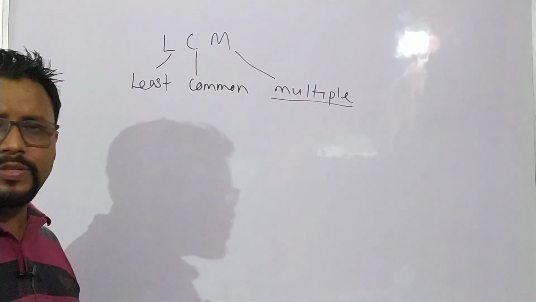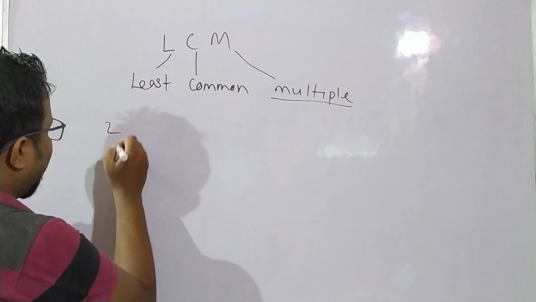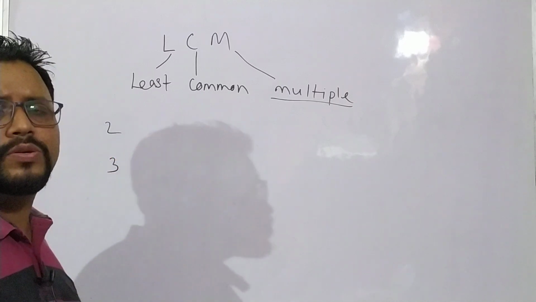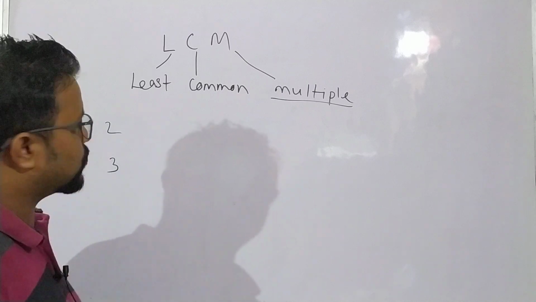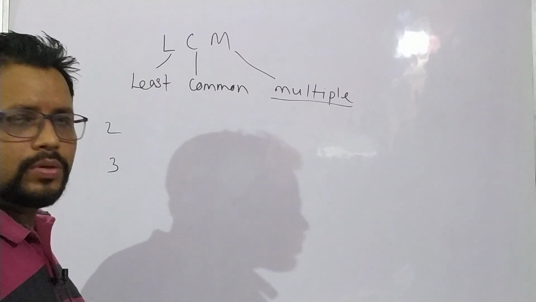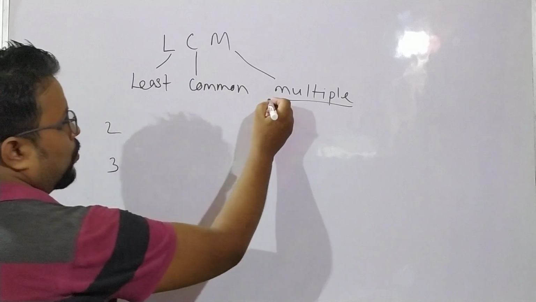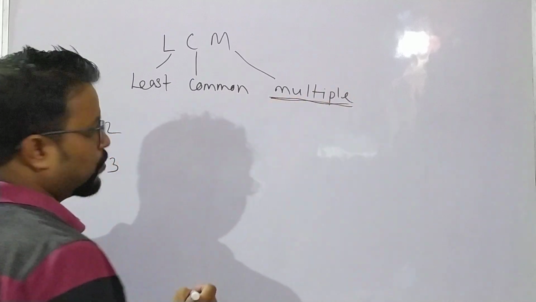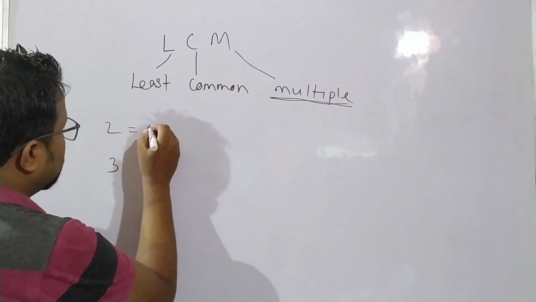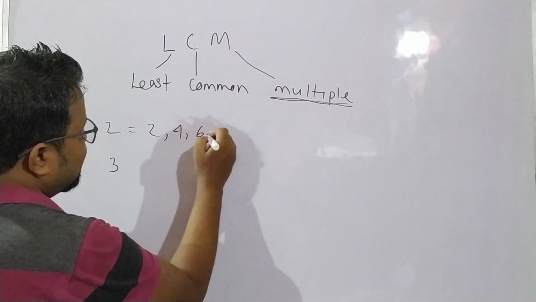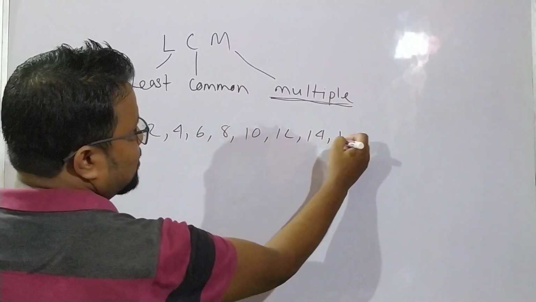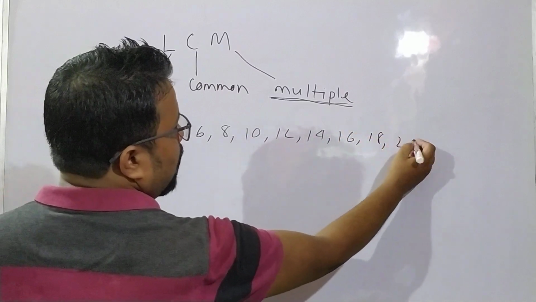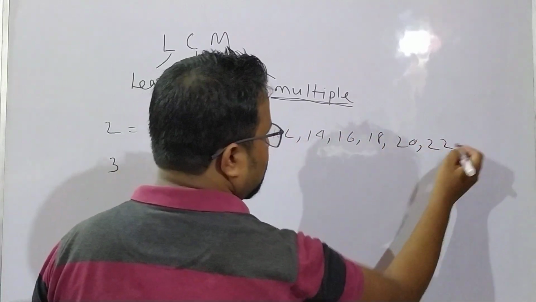Suppose you are given two numbers 2 and 3 and they are asking you to calculate the LCM of 2 and 3. How will you do it? First we will find the multiples of 2 and 3. Multiples of 2: 2, 4, 6, 8, 10, 12, 14, 16, 18, 20, 22, like this.